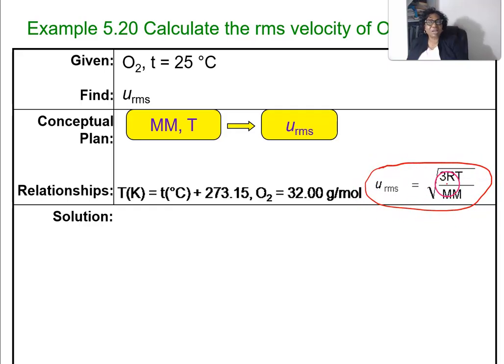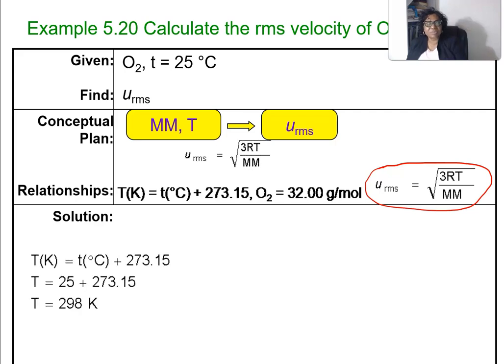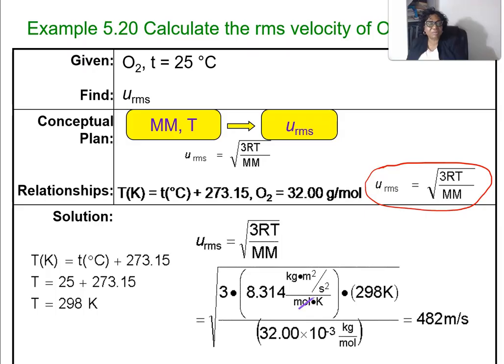Don't forget our gas constant is in joules. So we convert our temperature to Kelvin. And we substitute. Make sure you convert your molar mass to kilograms. Don't forget. Convert your molar mass to kilograms, otherwise you don't get it. So that is your answer.